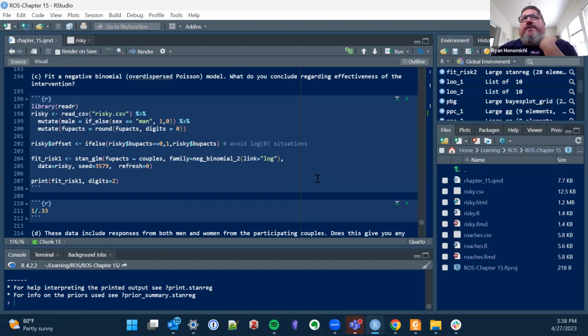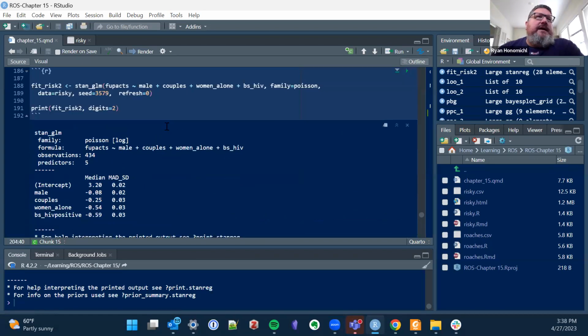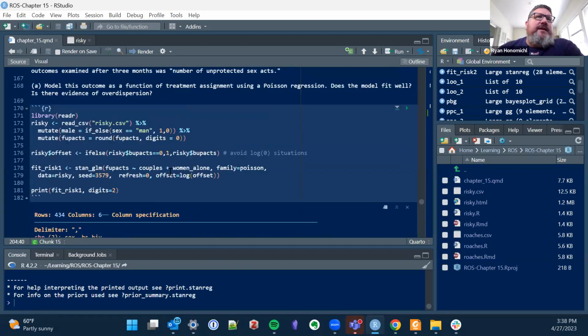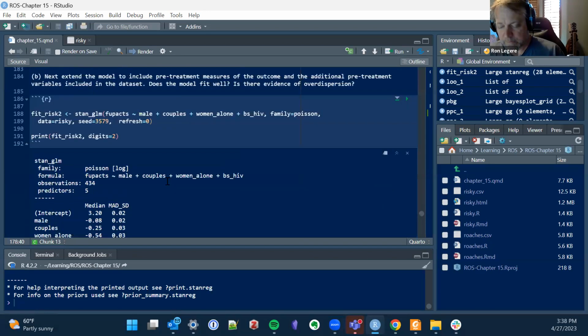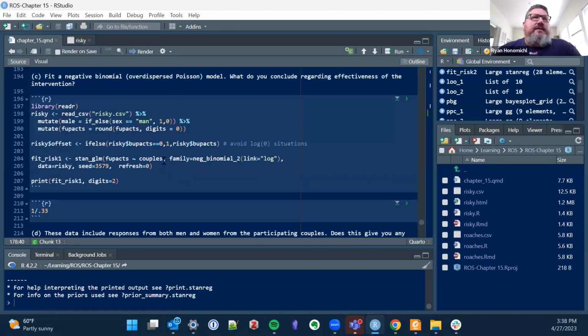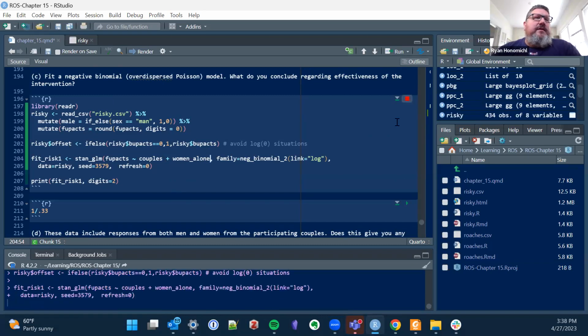And then the last one here is me going back to the original couples treatment model. I didn't include that before I figured out to include this, so let me put that back in. This is now the same initial model.